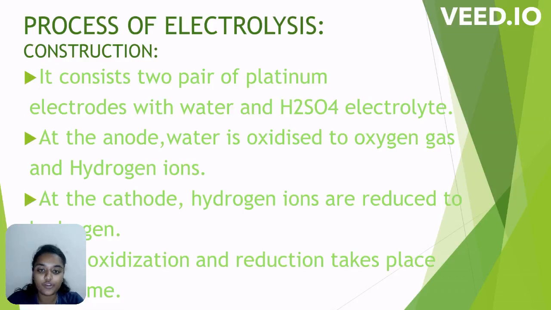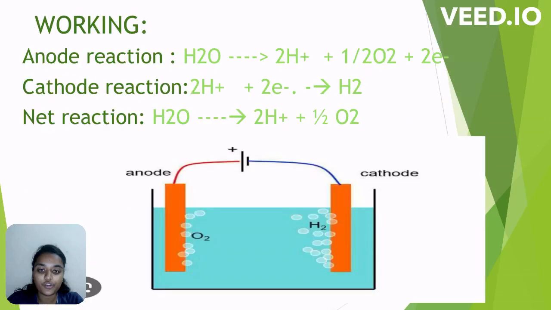Now let us see the working principle of electrolysis of water by the anodic and cathodic reactions. At the anode electrode, the water, that is H2O, gets split up into two H+ ions plus half O2 plus two electrons.